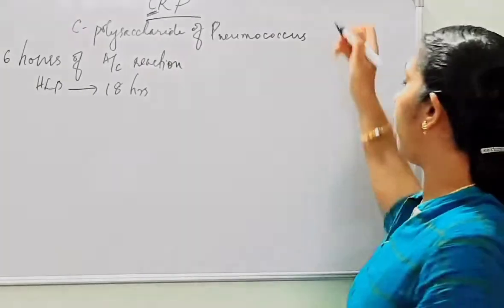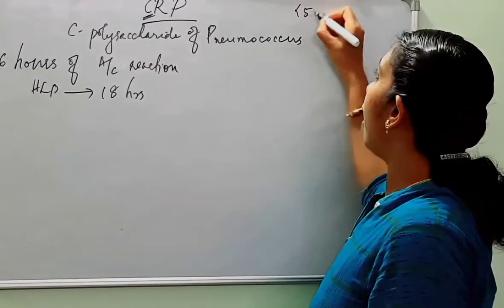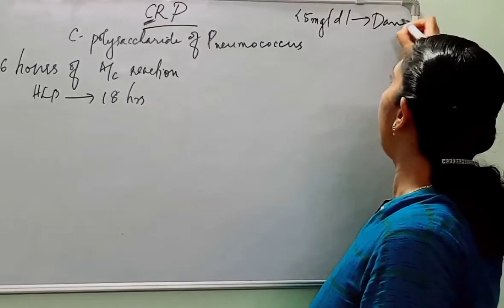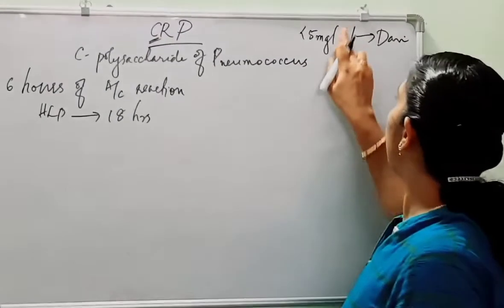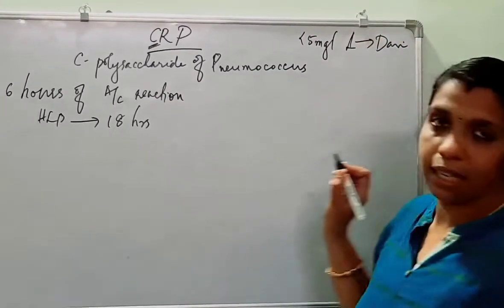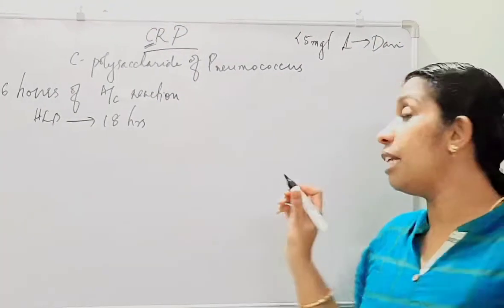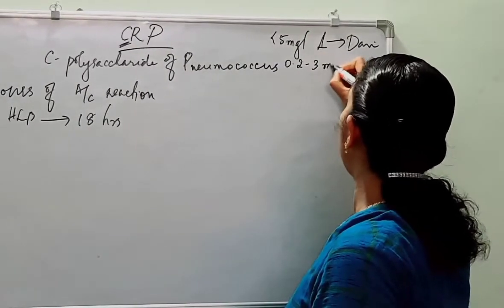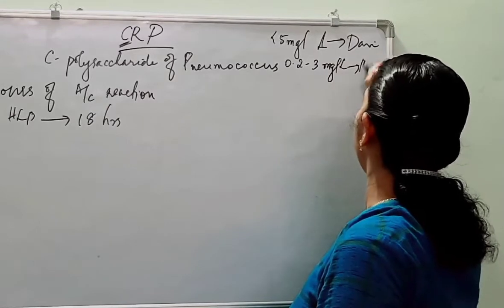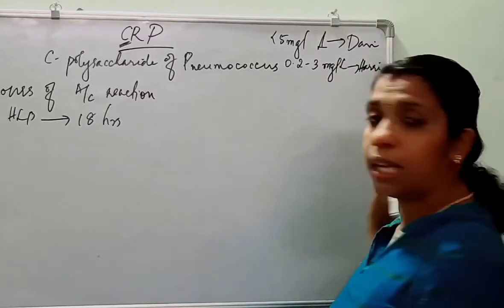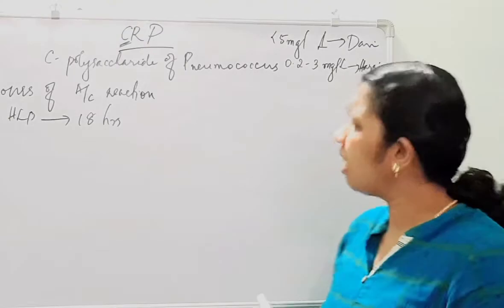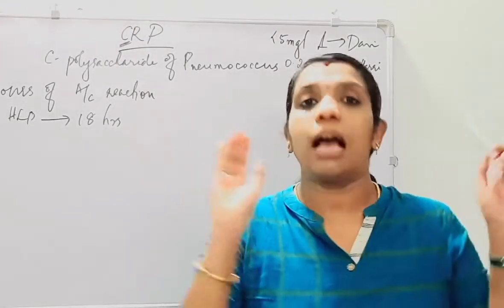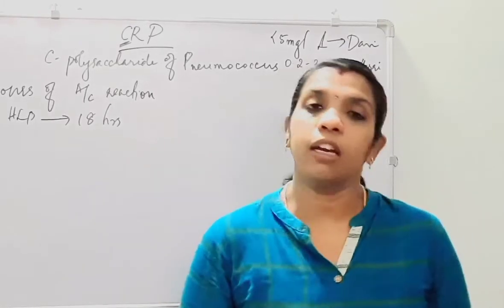According to Davidson, the normal value of C-reactive protein is less than 5 milligram per liter, and according to Harrison, the normal value is 0.223 milligram per liter. If it is increased beyond 5 milligram per liter, we can say that there is some inflammatory process or acute phase reaction going on inside our body.